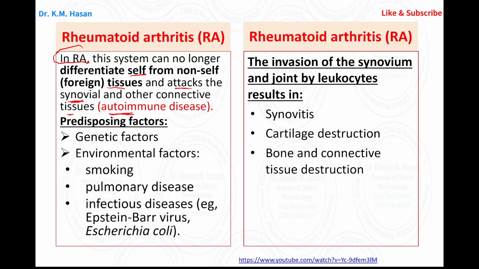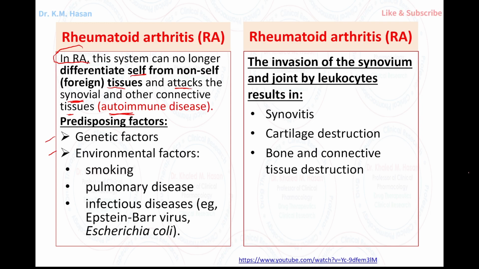And we have several factors that may be involved in this chronic inflammatory process. Could be genetic factors, could be environmental factors such as smoking, pulmonary disease, infectious disease, E. coli, Epstein-Barr viruses. All these may be considered other factors that predispose to rheumatoid arthritis.